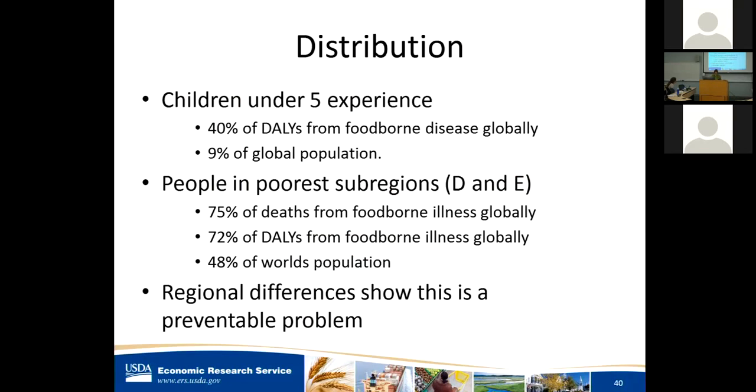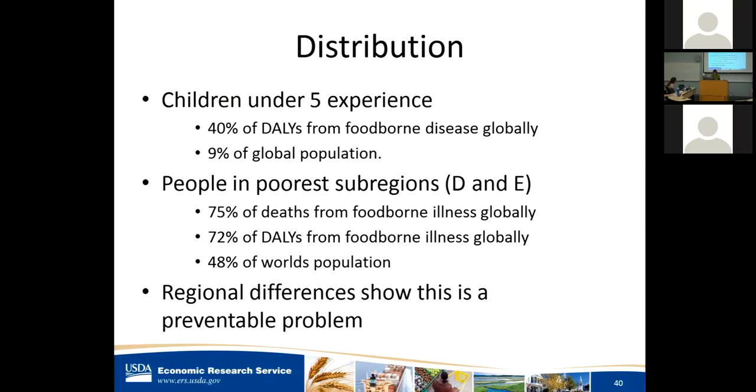So children under 5 are disproportionately impacted by foodborne disease. Poor people are also disproportionately impacted: 75% of the deaths, 72% of the daily loss, but only 48% of the world population. So this is a problem of the poor, and it's a problem of children.